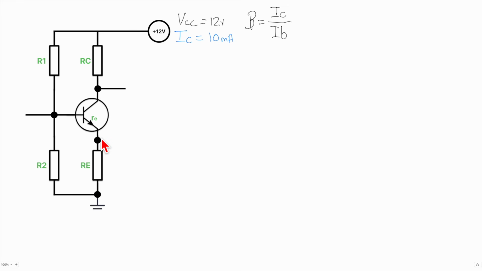Anyway, so we're going to start actually at the emitter. Now, I'd like you to imagine for a moment that this resistor here was not here. Just imagine for a moment that the emitter was just grounded. Would that mean then that the emitter was seeing no resistance?